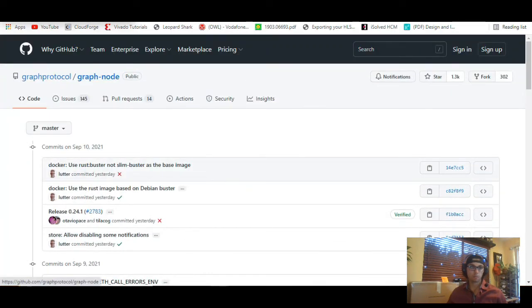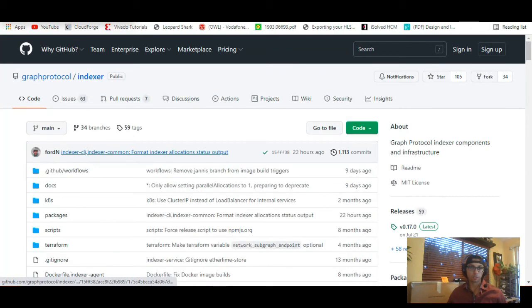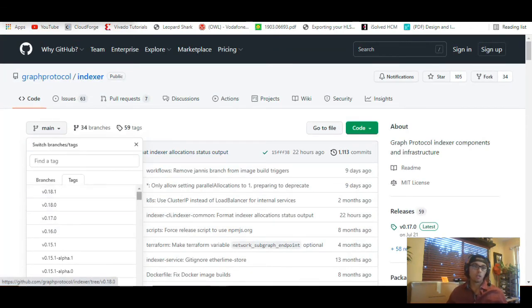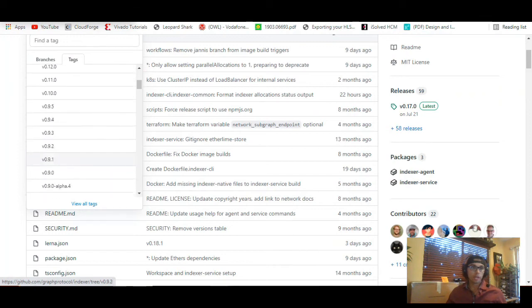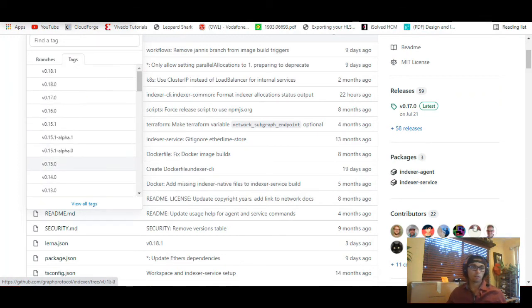That's a good thing. But if we go to the version of the graph as an indexer tags, they really don't have a major release of the graph.